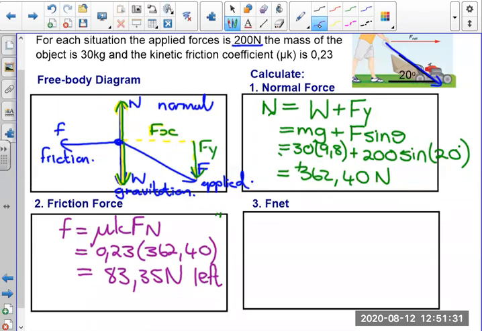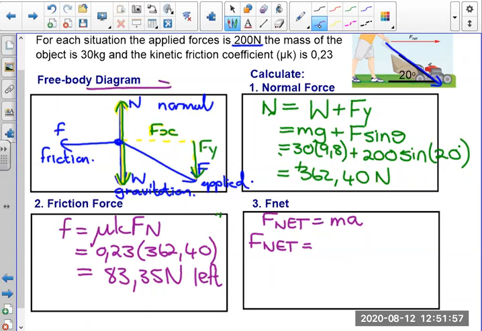When we work out the net force, remember we start with F net equals m times a to show that we are working with Newton's second law. Okay. They want the net force, and remember, at the first one I said it's equal to the front force minus the back force.